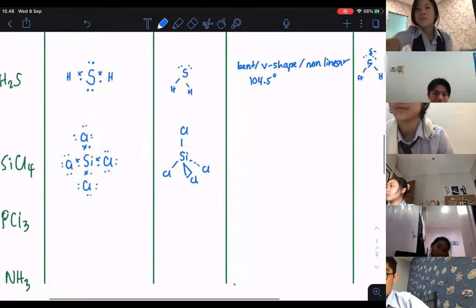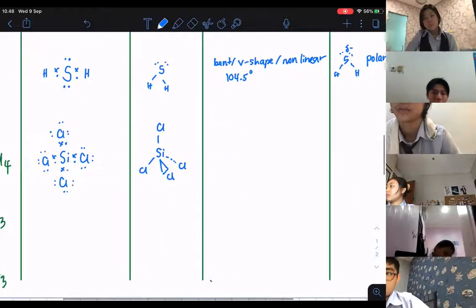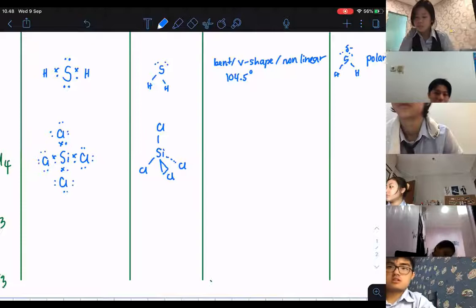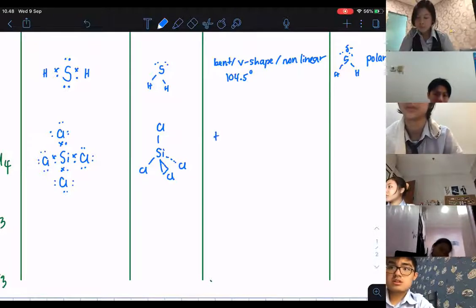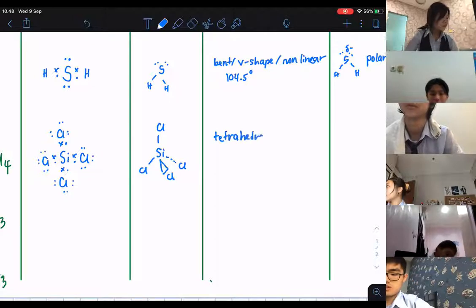So the shape over here is, Nathan, can you give me the shape? The shape of SiCl4? Tetrahedral. Yeah, tetrahedral.